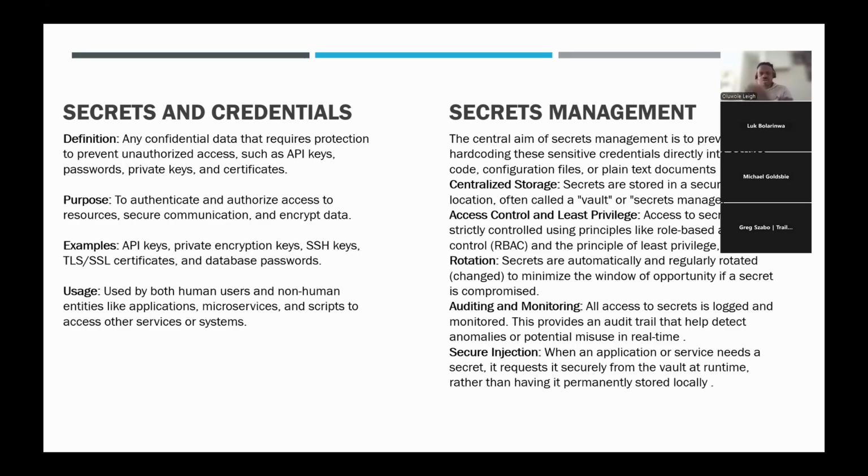For example, you want to create a database, or access a database, or basic day-to-day stuff like your Gmail username and password. We have secrets all around us, like your Wi-Fi password. These are items that you want to keep private, and those are things that we refer to as secrets or credentials.